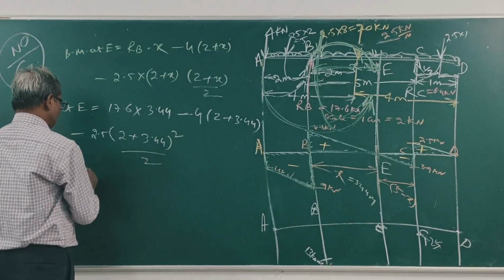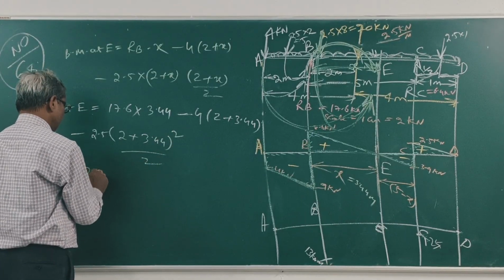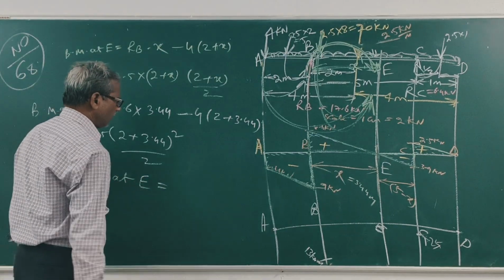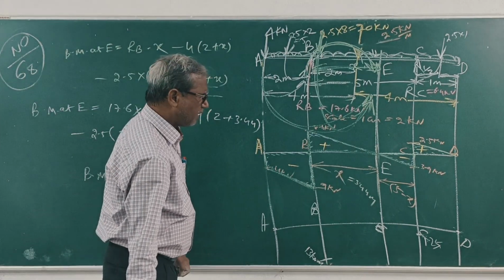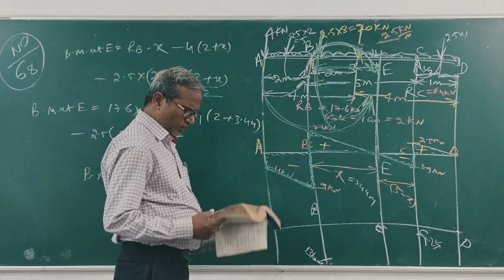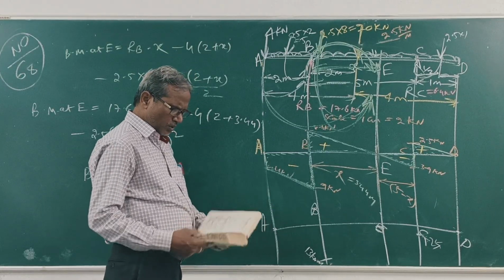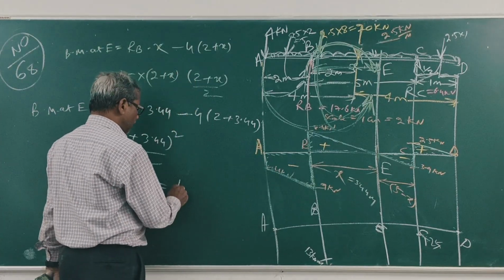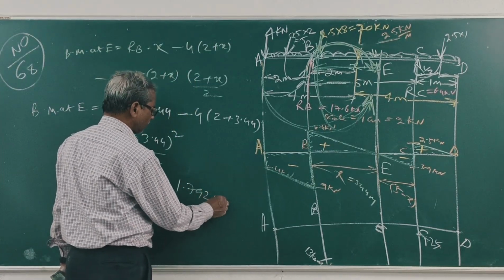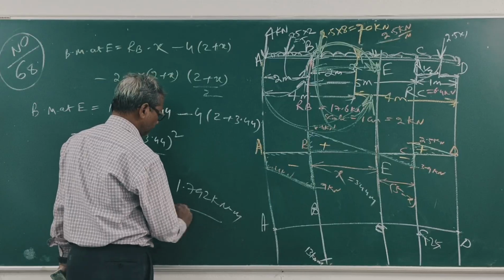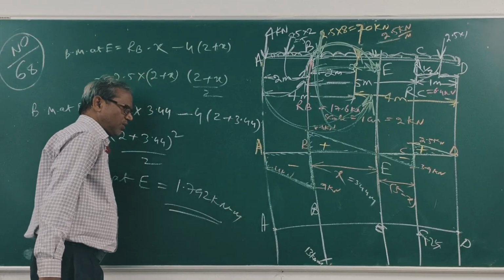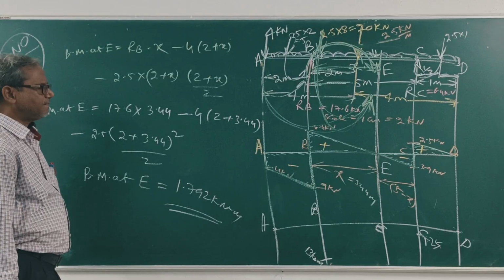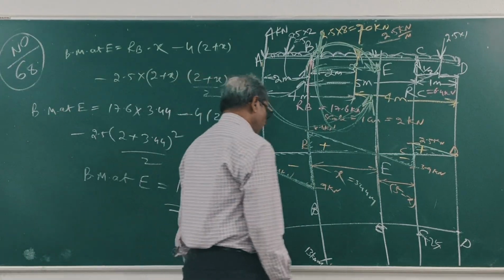So BM at E, its value may be 1.792 kilonewton meter, plus. Now join all the points. This is 1.792.